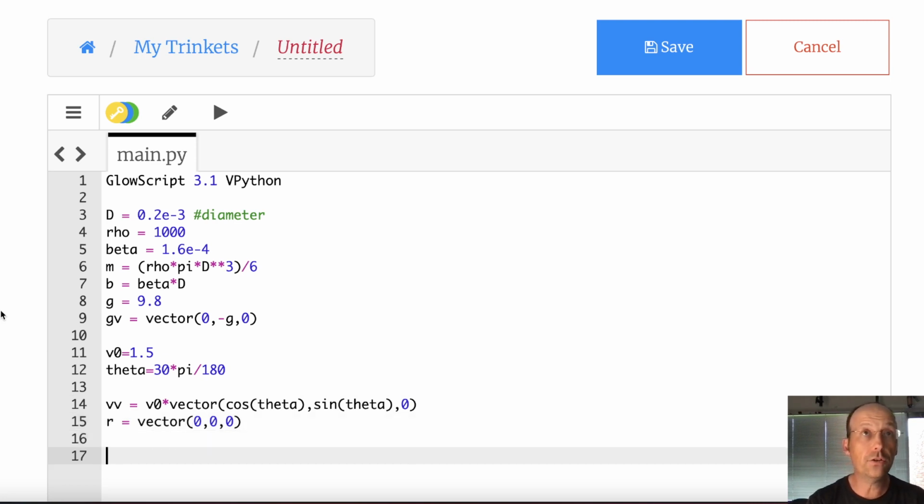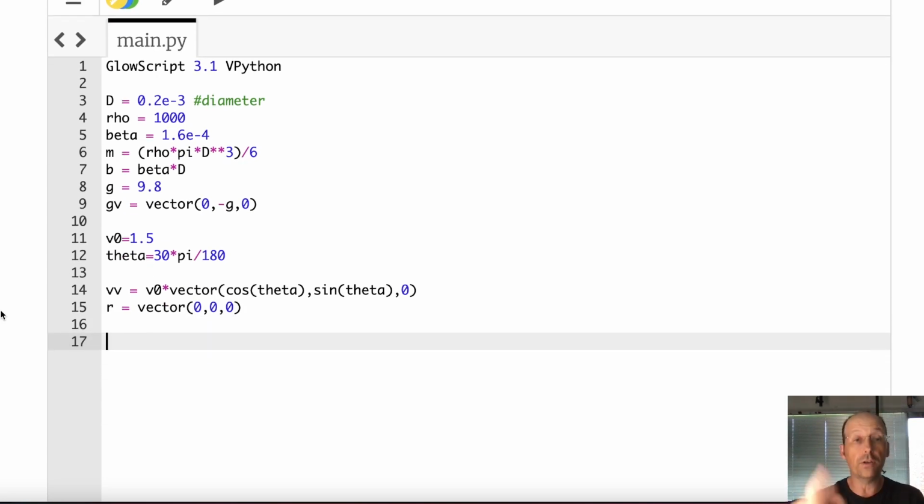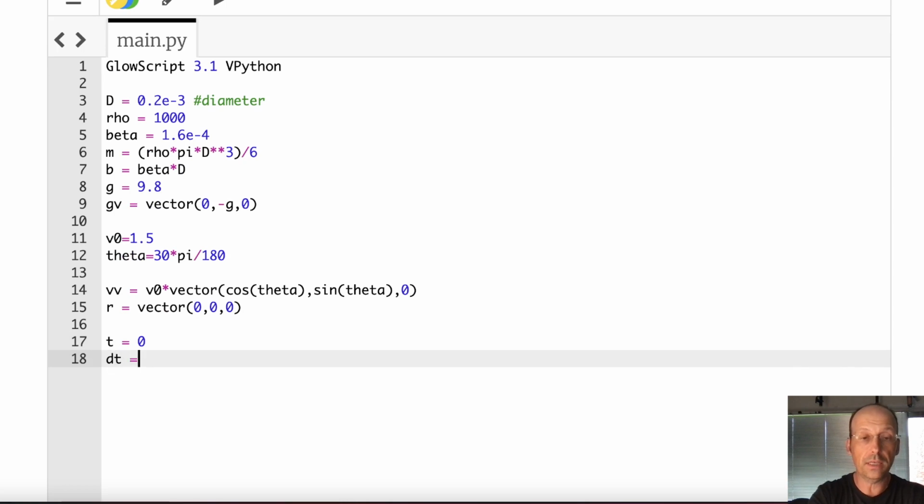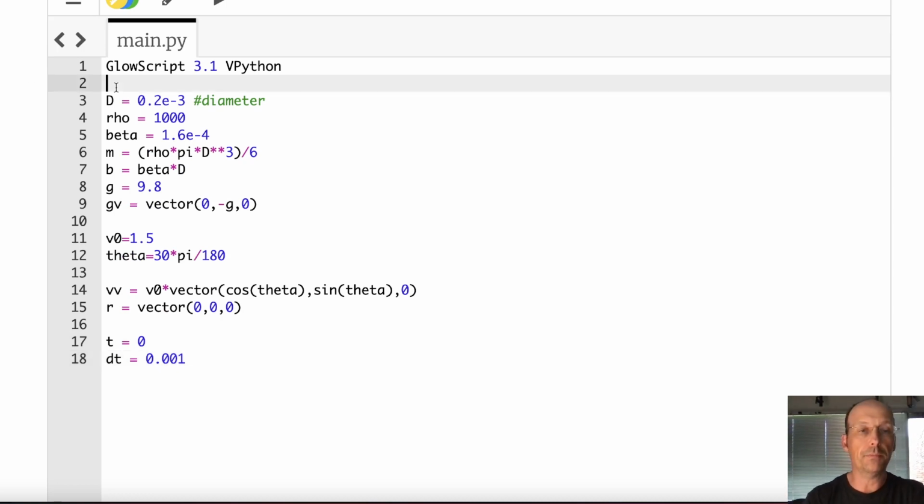Okay. So now what I need to do is to make a loop. Oh, I need this. Time equals 0, dt equals 0.001. dt instead of delta t, because I don't want to type out delta, because that's just silly. Oh, I do need a graph. So up here, let's make a graph. G1 equals graph, title linear drag, x title is just x. I'm just going to make a trajectory.